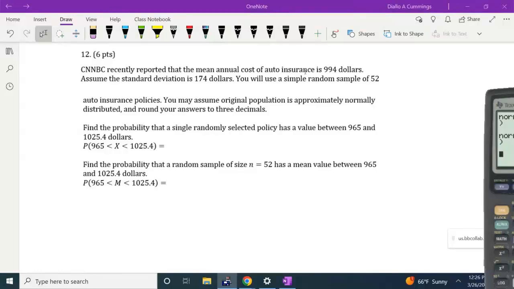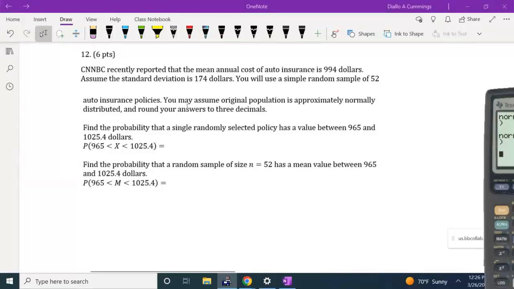It says CNNBC recently reported that the mean annual cost of auto insurance is $994. Assume the standard deviation is $174. You will use a random sample of 52 auto insurance policies, and you may assume the original population is approximately normally distributed.